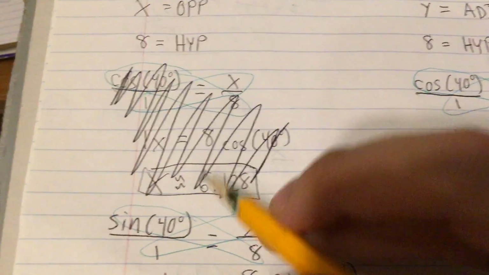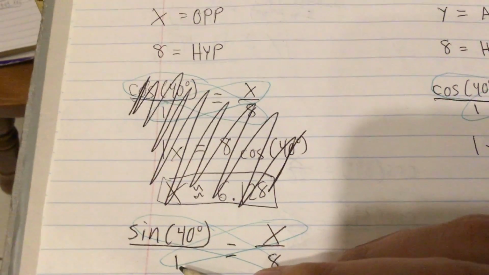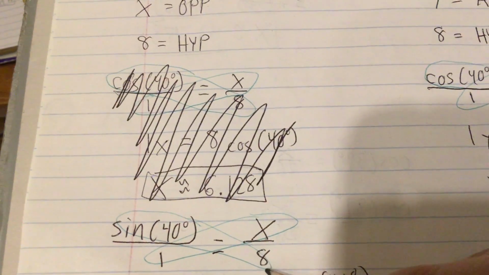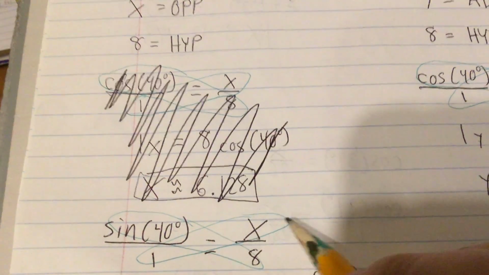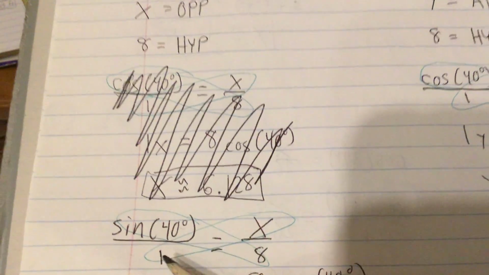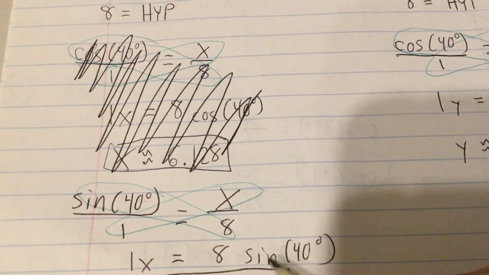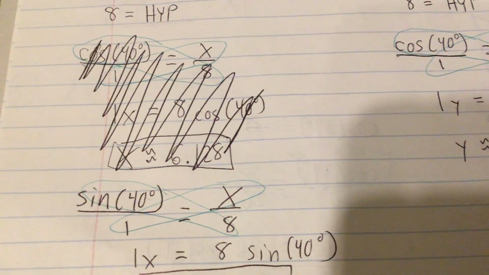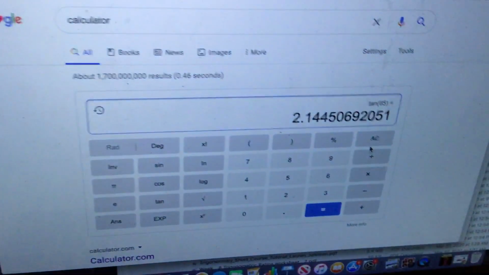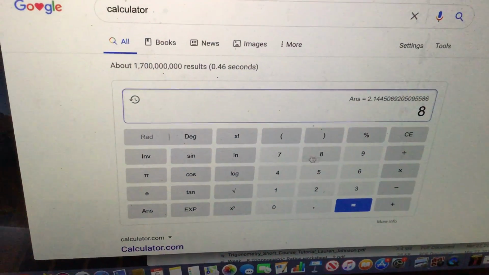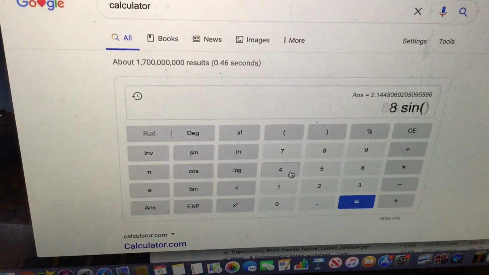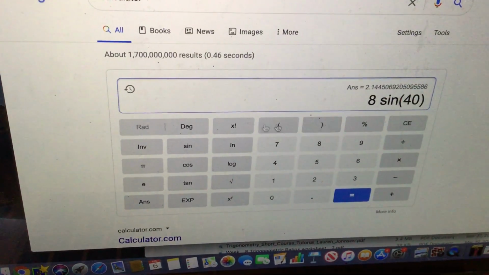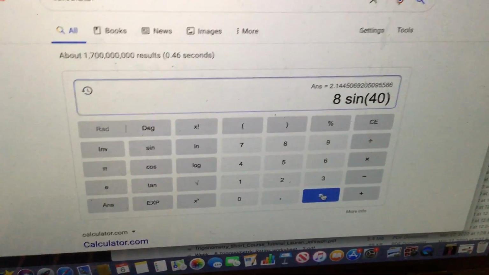So the sine of 40 degrees over 1 is proportional to x over 8. I'm going to cross multiply and get 1 times x is equal to 8 times sine of 40 degrees. I get my calculator now and I go 8 times the sine of 40 degrees. I'm in degrees.